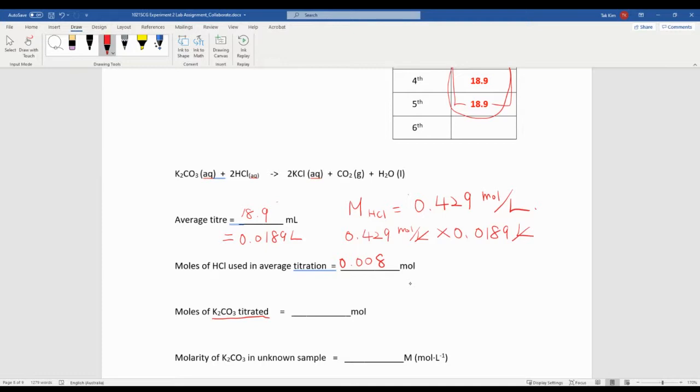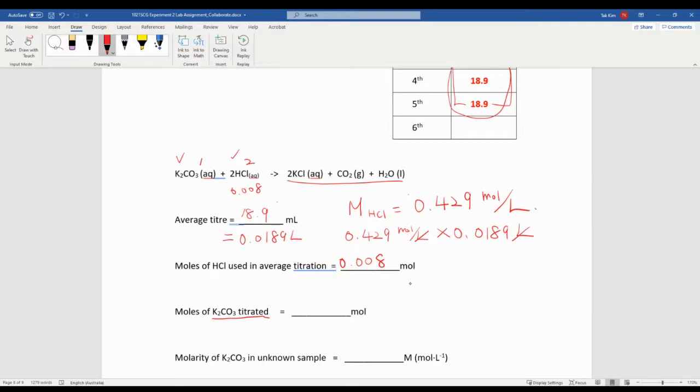So now it is asking for the moles of potassium carbonate titrated. Again, in the titration, you don't really have to worry about the product because you're going to create perfect stoichiometry, right? So the number of moles is 0.008 over here. And then by using the ratio between potassium carbonate and HCl, you should be able to calculate the number of moles of potassium carbonate, right?